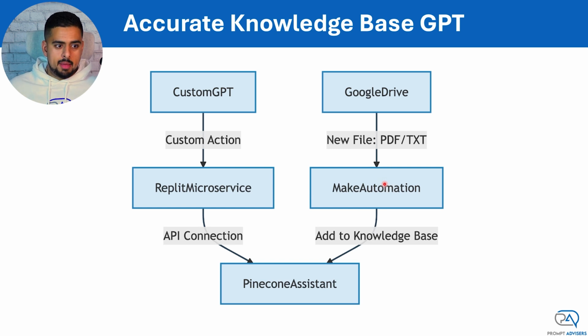Otherwise, you can do it just on demand. And then it'll automatically add to the Pinecone Assistant, which creates this positive feedback loop that ensures you go from file to being able to ask questions of that file to using that information for whatever you want in minutes.